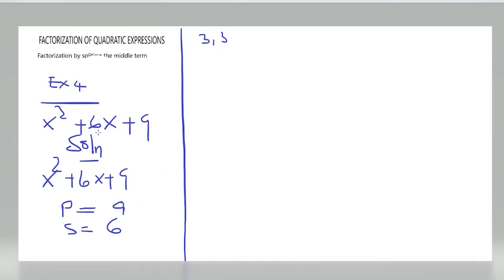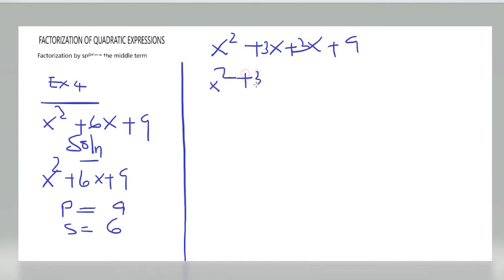So when I split 6, I have 3x plus 3x. So this one will be equal to x squared plus 3x plus 3x plus 9.